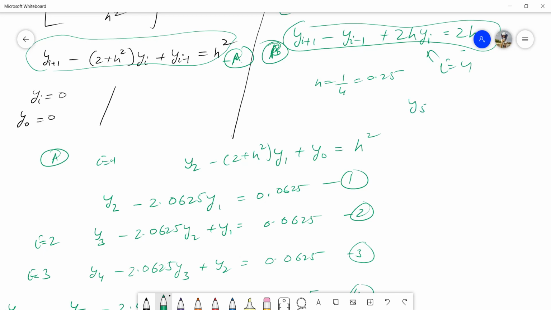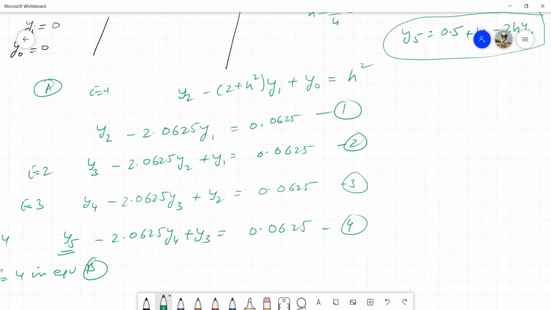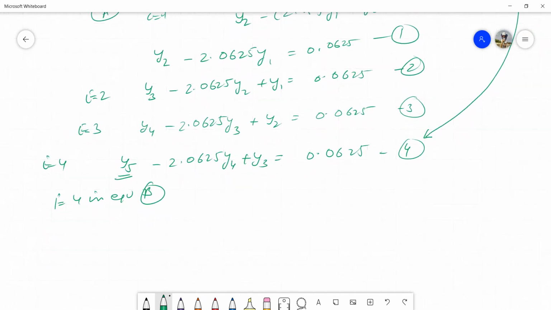So we have y5, which is equal to, solve this thing, 0.5 plus y3 minus 2h y4. So we have the value of y5, that we will substitute over here in order to reduce it into 4 parameters only.